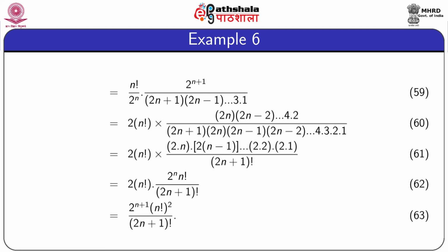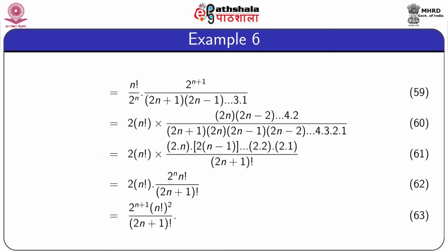If you simplify that, you will be getting equation number 59, which is n factorial by 2 to the power n, 2 to the power n plus 1 divided by (n plus 1)(2n minus 1) dot dot dot 3 into 1. We next multiply both numerator and denominator by 2 4 6 8 dot dot 2n minus 2, 2n, and if you do that, you will be arriving at equation number 61, which is 2 into n factorial multiplied by 2 into (n minus 1) dot dot 2 into 2, 2 into 1.